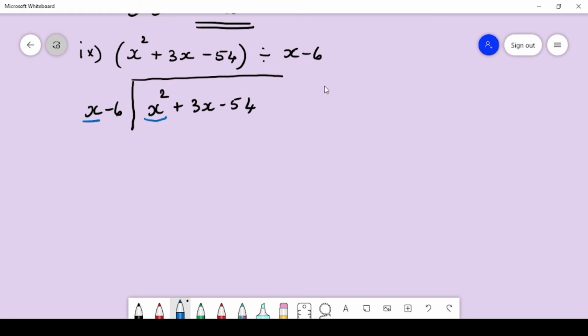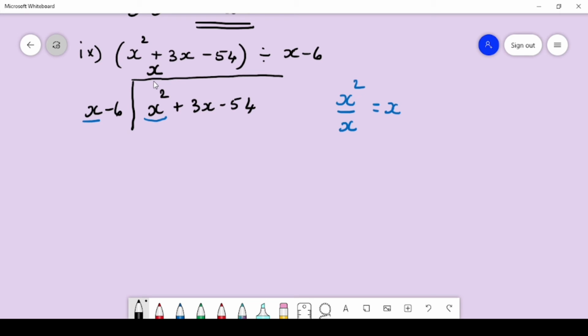So you have to divide the first term in the dividend by the first term of the divisor. Then the first term in the quotient you will get. So x square by x, how much you will get? x is the answer. So that is the first term in the quotient, means here you can write that x in the quotient.